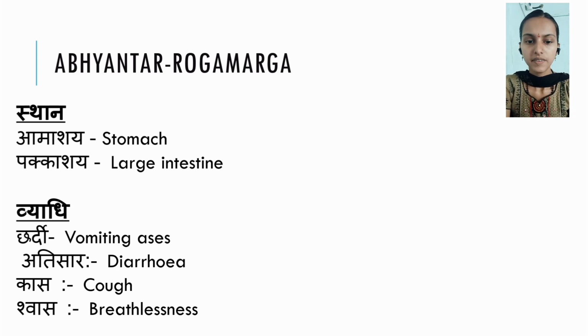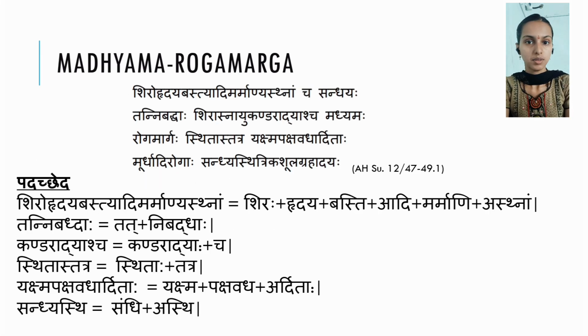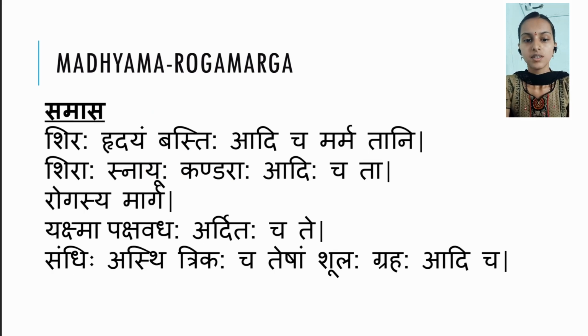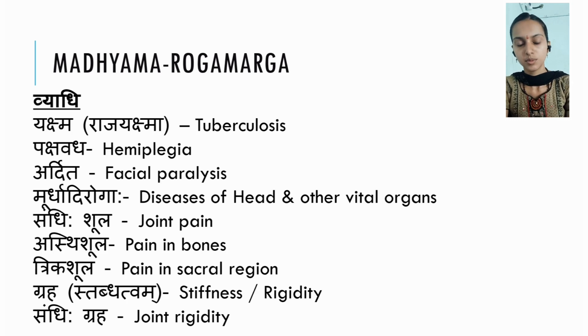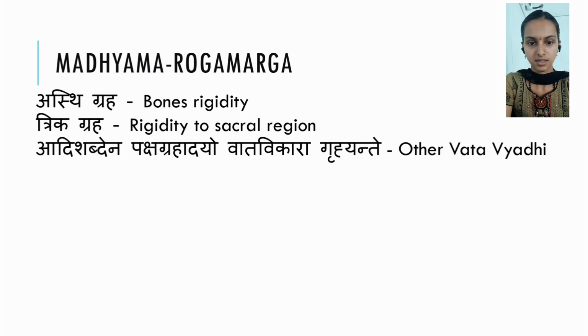The Vyadhi you see are Chardi, Atisara, etc. Then we come to the Madhyam Roga Marga. Madhyam Roga Marga consists of Shira, Hruday, Basti, etc. as its sthana, and its Vyadhi are Rajayakshma, tuberculosis, Ardhita, facial paralysis, etc.